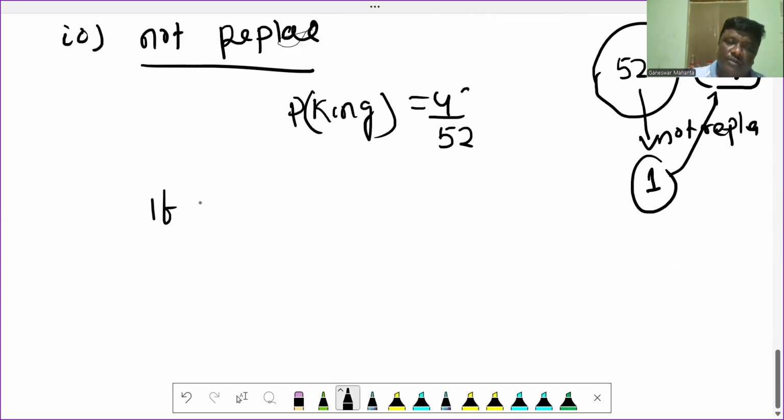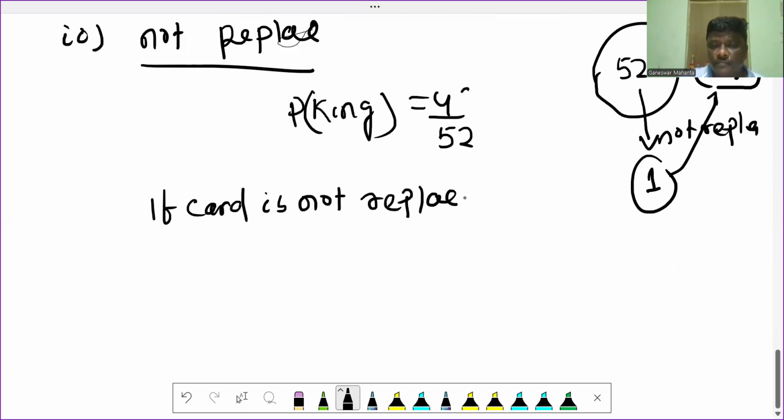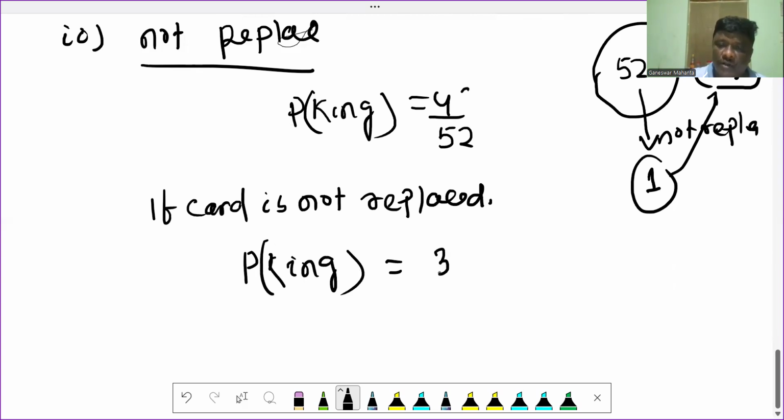If the card is not replaced, what happens here? The probability of king is 3 by 51.